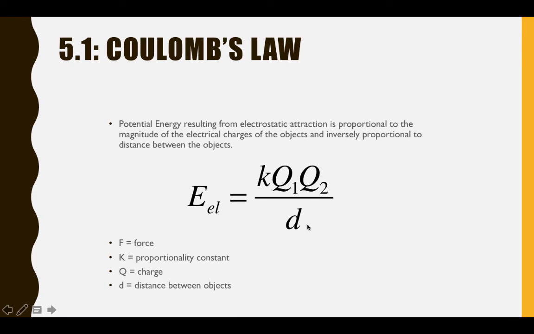Therefore, as distance decreases, as the particles get closer to one another, our electrical potential energy will become more negative. In sum, then, as oppositely charged particles move towards each other, decreasing their distance, their potential energy decreases. Likewise, when the distance between them increases, electrical potential energy increases or becomes less negative.